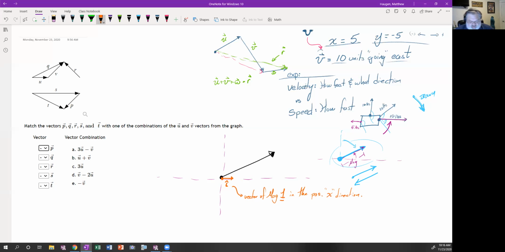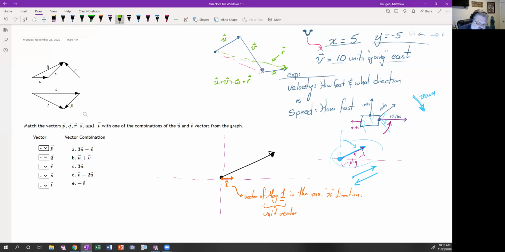Being magnitude 1, it is often referred to as a unit vector, because it has a magnitude of 1 unit. So that's the first special vector that we define.